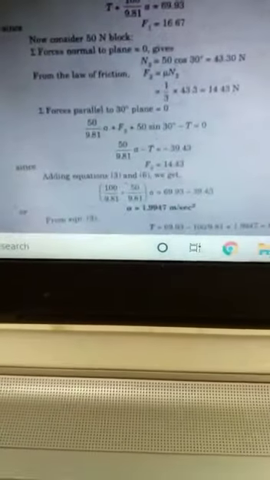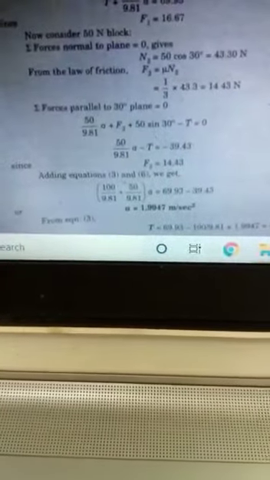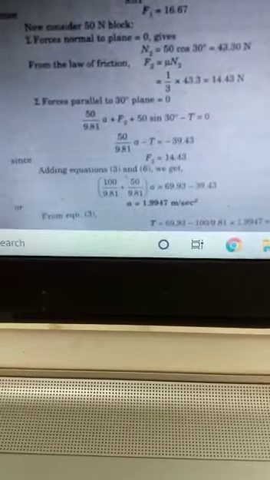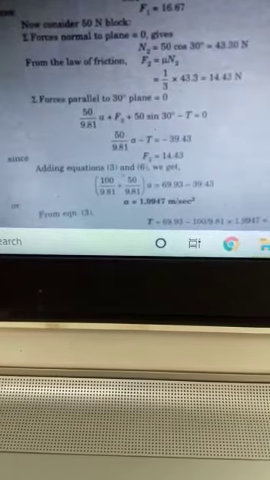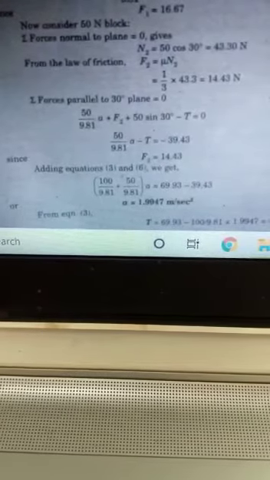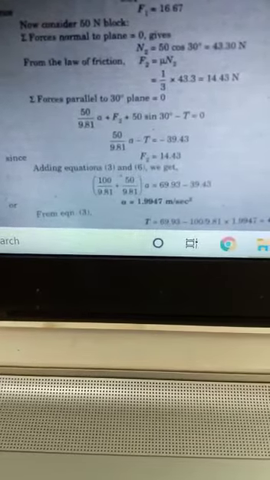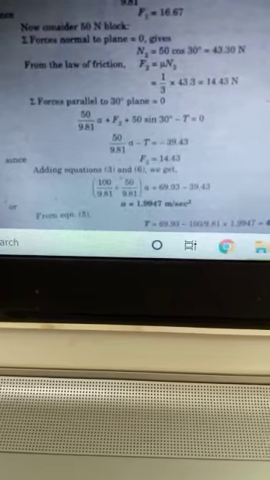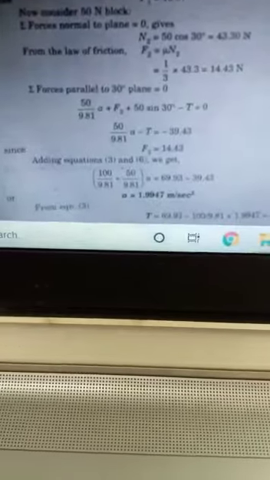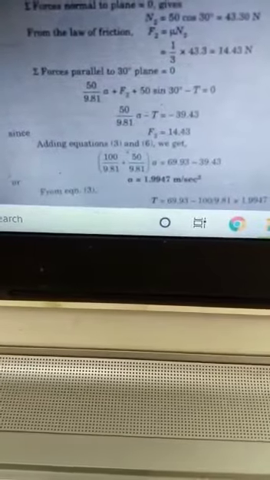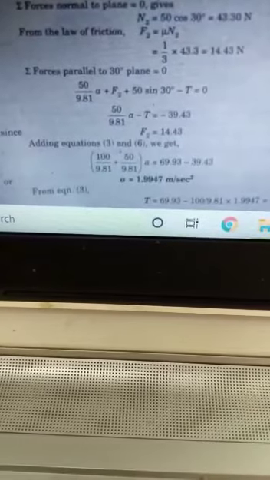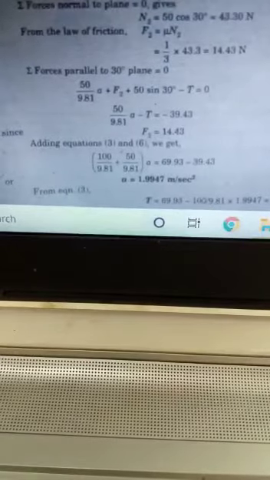Now equate all forces parallel to the plane. 50 upon 9.81 into A plus F2, the inertia force is opposing, and 50 sin 30, the weight component, is also opposing. Only the tension is in the upward direction, that is minus T, equal to 0. We will get the second equation, that is 50 upon 9.81 A minus T is equal to minus 39.43.